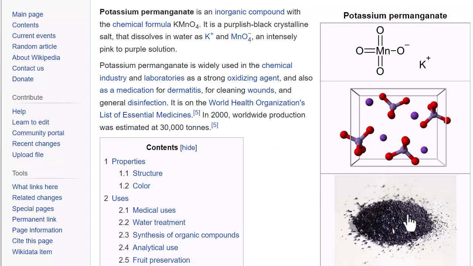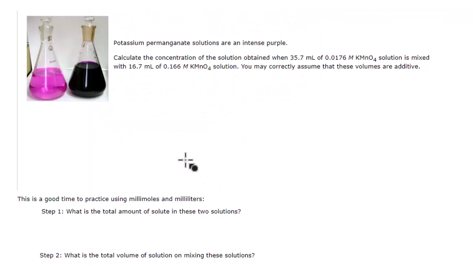Back to the problem where we take some of this and dissolve it in water. You can see we've made 2 solutions. Here's one with 0.0176 molar. This is the light pink one. Easy to make. Basically, you almost wave a jar of the potassium permanganate over the water, and a small crystal will get in there, and it'll make this light color.